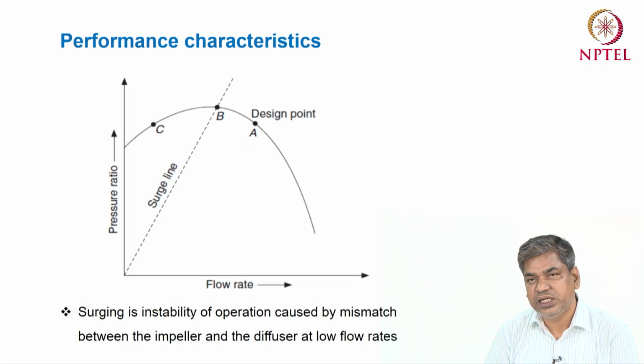Changing the pressure ratio can change the flow rate, and a change of flow rate can also change the pressure ratio. So both are interdependent. If you see the behavior between the pressure ratio and volume flow rate, we will see this type of behavior. If you change the flow rate, then at a certain flow rate we will get the maximum pressure ratio.